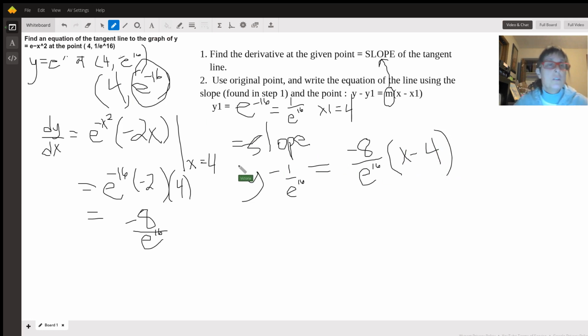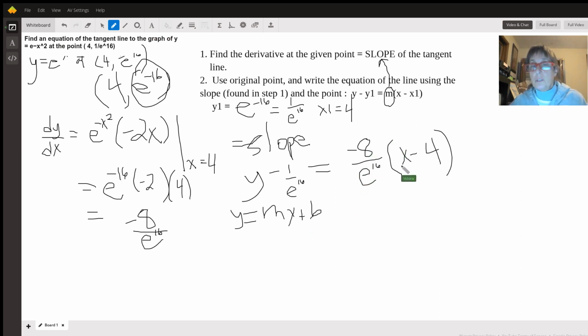Now, did it say you need it in point slope form? No, but if you do, then you can just distribute this through, and you can get it in y equals mx plus b if you need it. Not all calculus teachers make you do this. But if you need it as y equals mx plus b, that would be slope-intercept form.